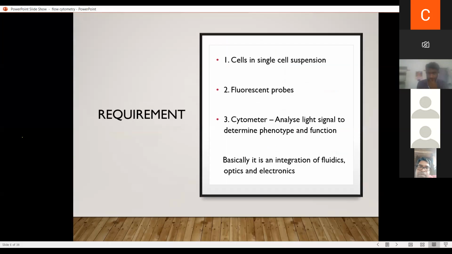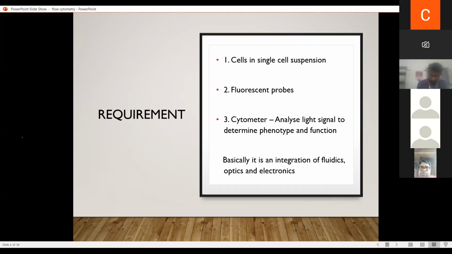What we need in a flow cytometric instrument. First, cells in a single cell suspension. To do flow cytometry effectively, the basic requirement is a single cell suspension so that we can analyze every single cell. Another one is fluorescent probes, which we use to conjugate antibodies.